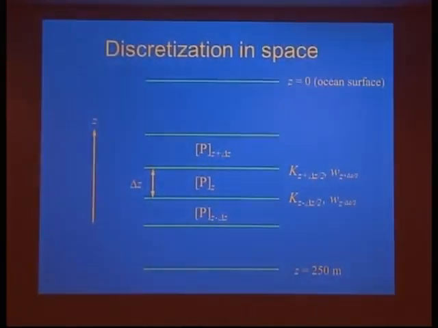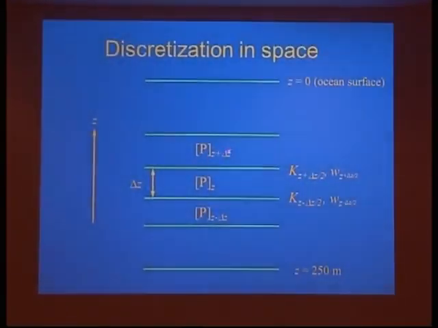And in order to produce results, you need to do discretization in space and in time. Okay. So to understand what's going to happen to the biomass of phytoplankton at this point, you need to know how much phytoplankton would come into this level from above or from below.